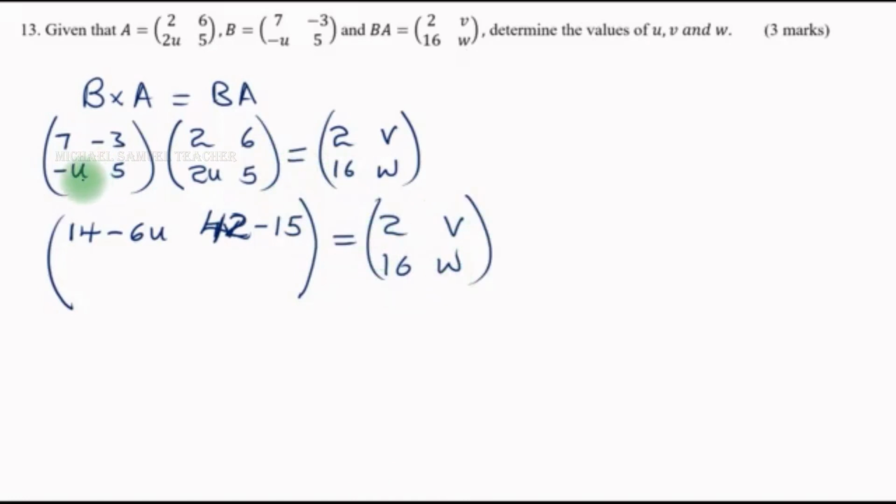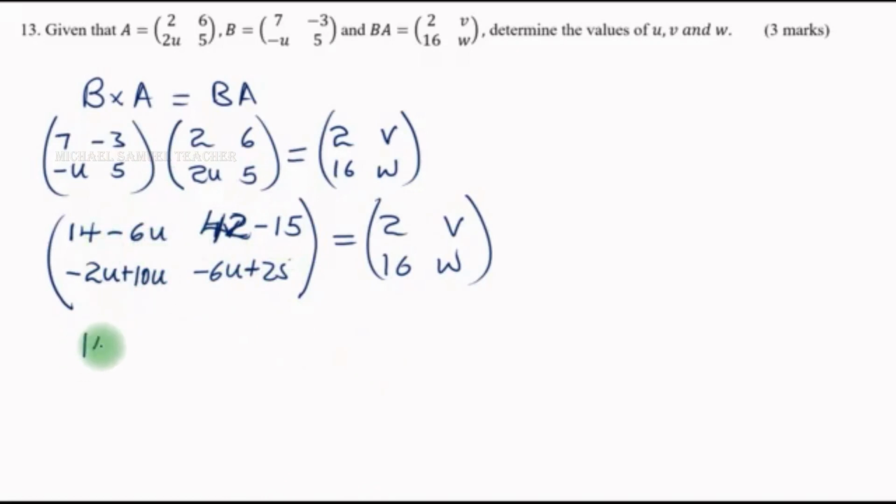Then to get 16, it is the second row times first column. So minus u times 2, that is minus 2u, plus 5 times 2u, that will be plus 10u. Then to get w, it is the second row times second column. So minus u times 6, that is minus 6u, then plus 25, 5 times 5.